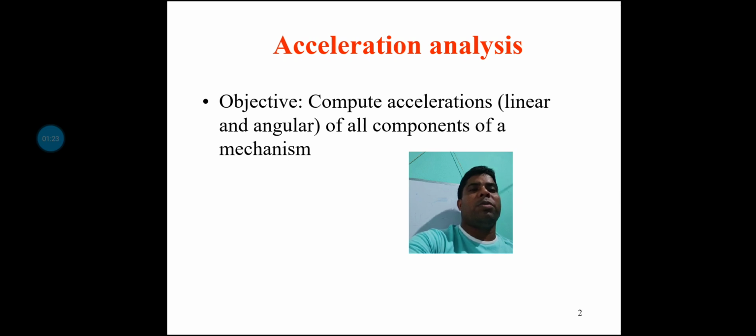After a short time interval, del t, the point is observed at a new location, P dash, where the velocity is Vp dash.